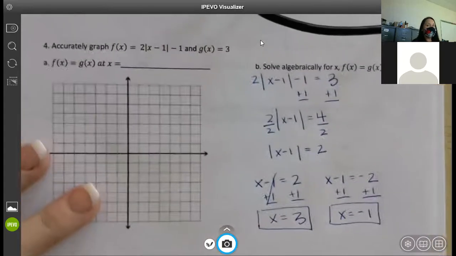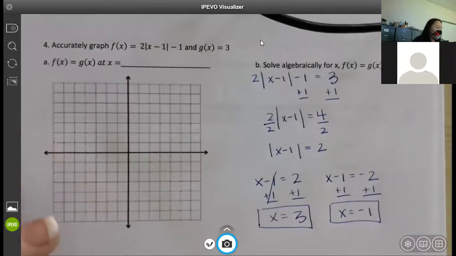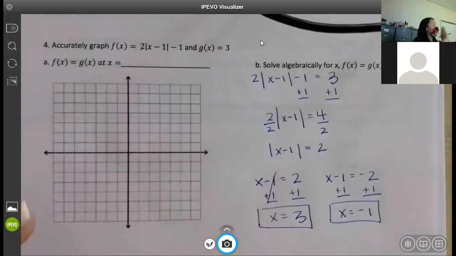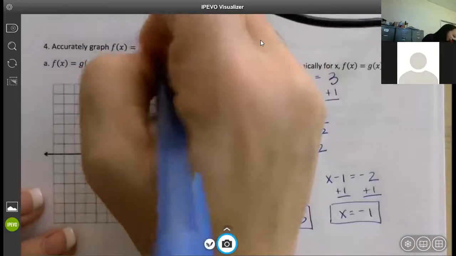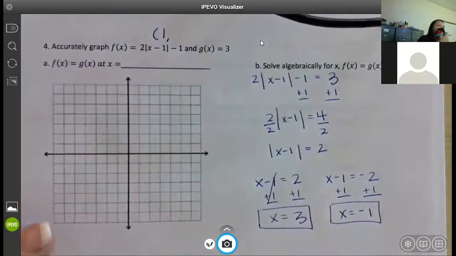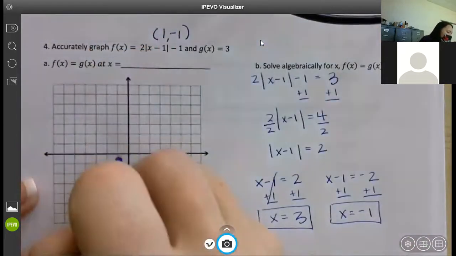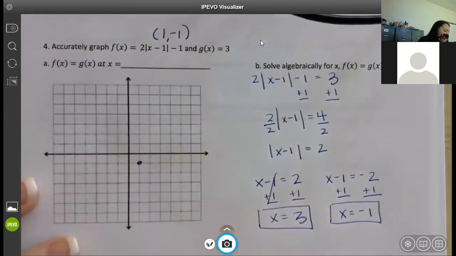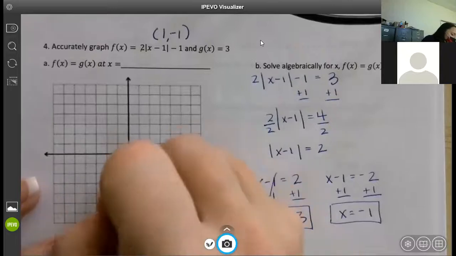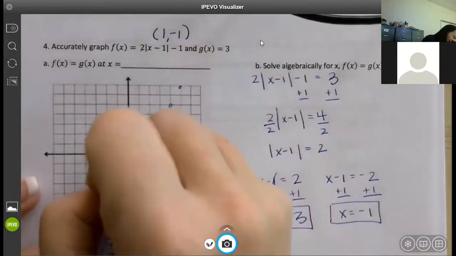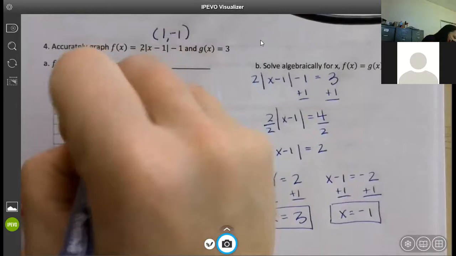Going to graph it for you and show you again how that works. We have a slope of 2. That means rise 2, run 1. It's positive, so it's pointing up. Your vertex coordinate is: change x, keep the y. So 1, negative 1. Our slope is up 2 over 1. And it's V-shaped, so we go to the other side perfectly.